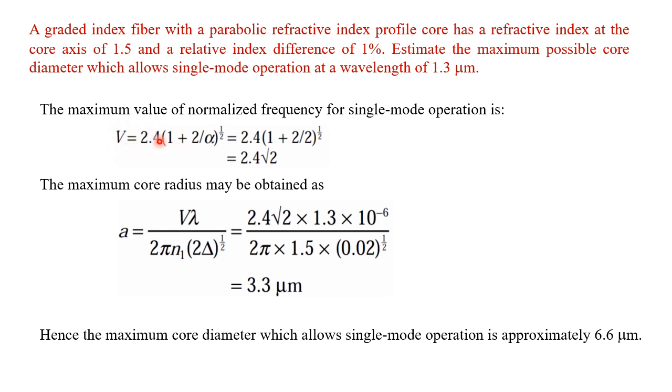The normalized frequency V number can be written as 2.4 into (1 plus 2 by alpha) to the power half, so it is 2.4 into root 2. The maximum core radius, using the expression for V number, we can get as 3.3 micrometer. So a equals 3.3 micrometer, and the maximum core diameter will be 6.6 micrometer.